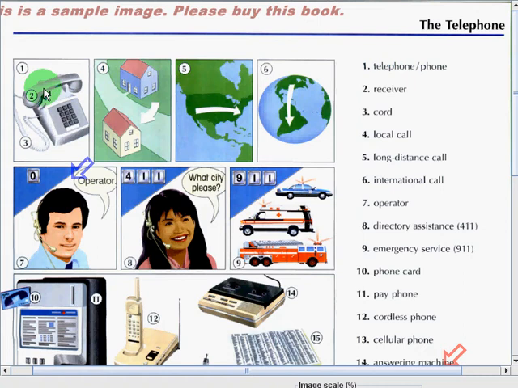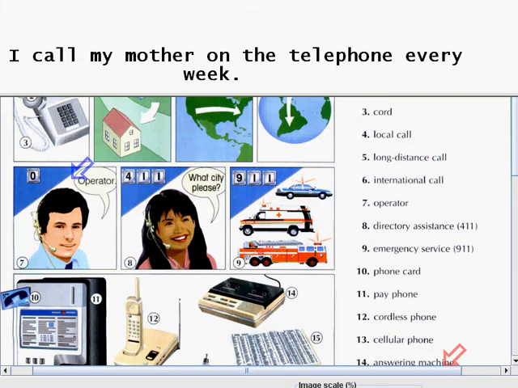Now, that's what you have for the word telephone. Now let's try to have a sentence for the word telephone. Please read as I read the sentence. I call my mother on the telephone every week.